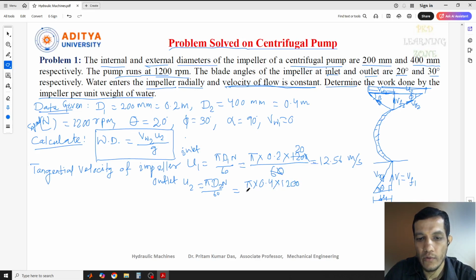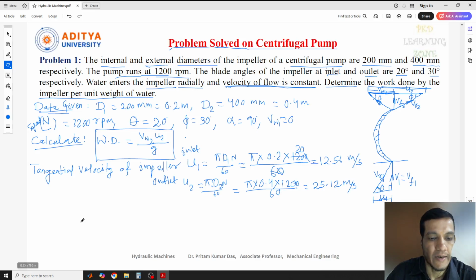So without doing all this exercise, I'll just make it double. So 12.56 into 2 will be near about 25.12 meter per second. So this is about the tangential velocity. First step we have completed. So here we got U2.